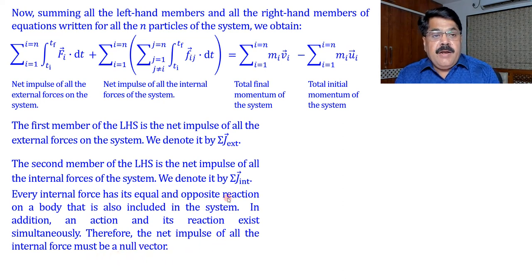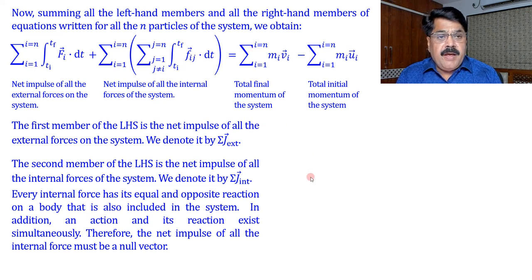Actually, in the work energy theorem, we have seen that net work done by all the internal forces may or may not be zero. Internal forces are equal and opposite, but while calculating their work, the displacement of every particle may not be equal. They may be different. But when we are accounting for impulses, each internal force has an equal and opposite internal force in the system.